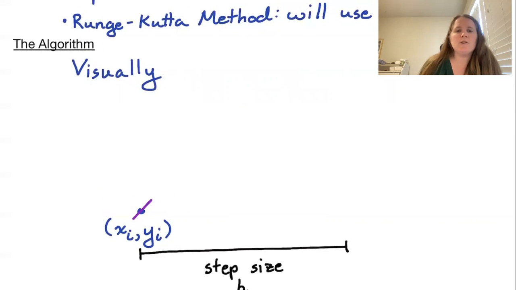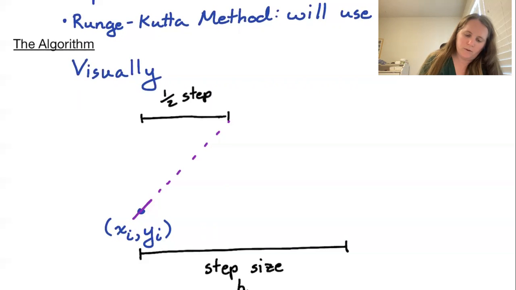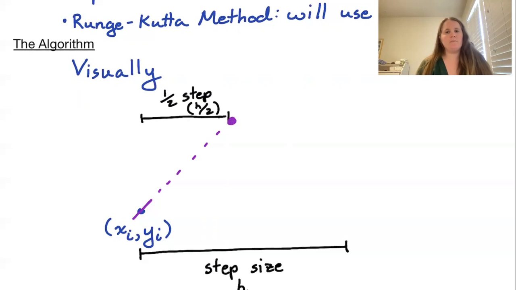We are going to start by only going out half of that. So we'll start by taking this line and only going out h/2. So we're going to go a half step, or h/2. And we find our new point just following the tangent line from that point.